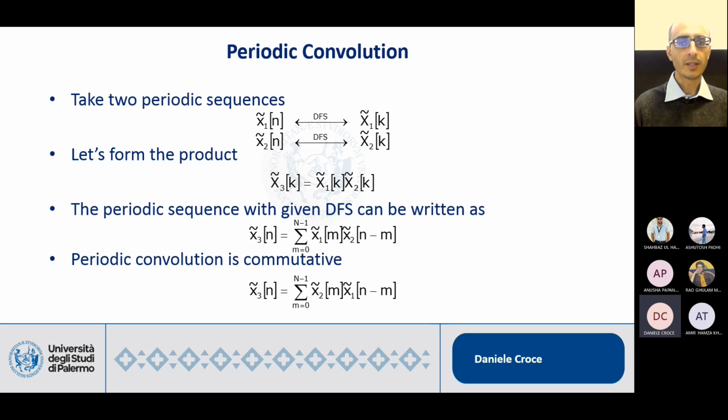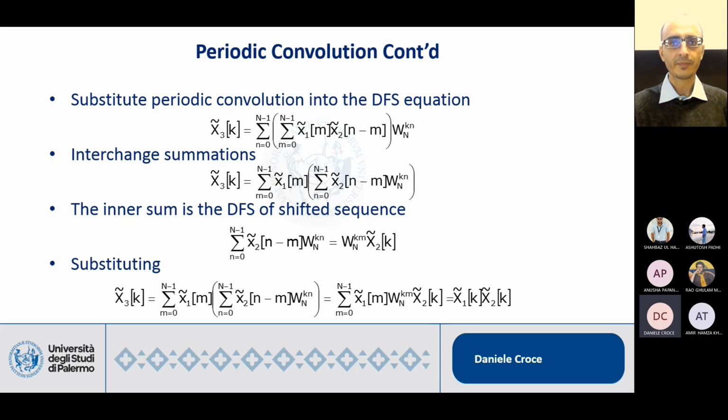So the periodic sequence with a given DFS can be written as the periodic convolution of the two sequences. And of course, again, the periodic convolution is commutative, like the linear convolution, okay? So this is how we define the two DFS in the periodic convolution.